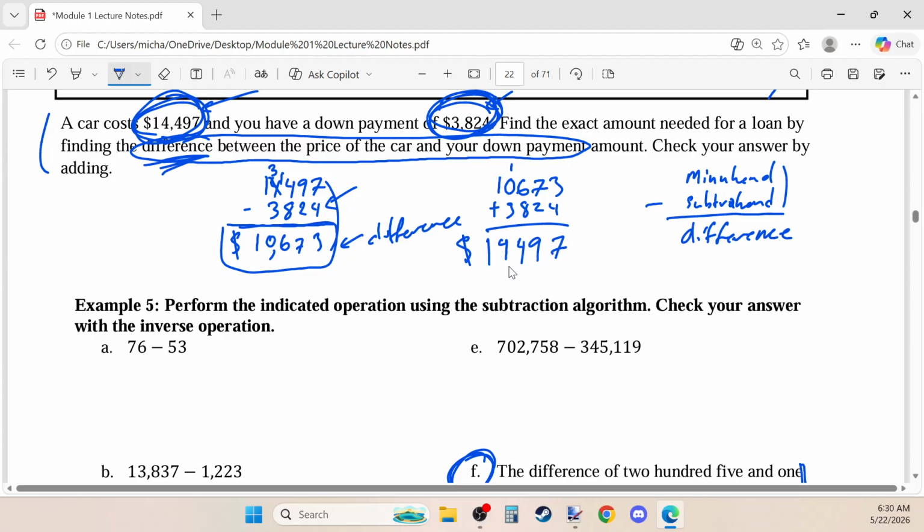If we did both the addition and the subtraction right, this number should be the minuend, and in fact it is 14,497. We either did both of these right or we did both of them wrong in ways where the two different errors cancel.